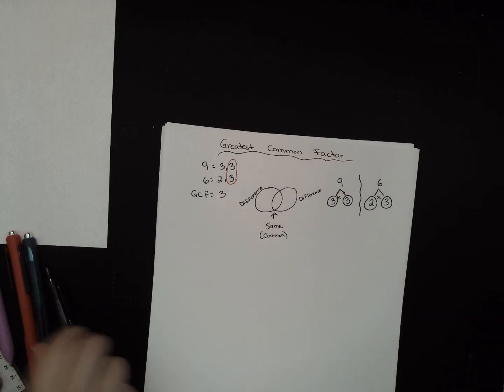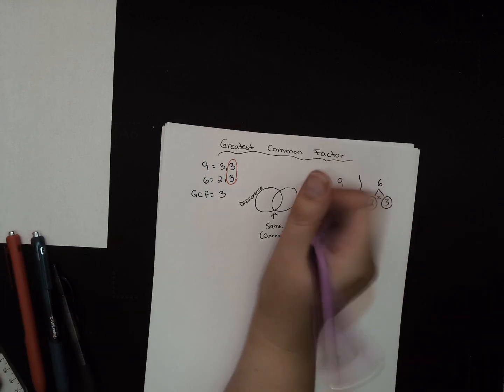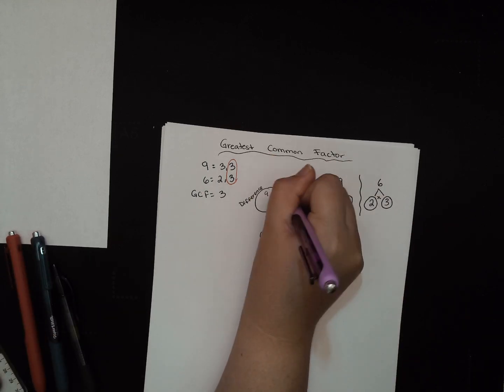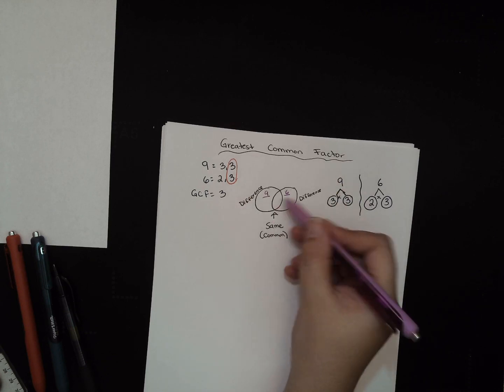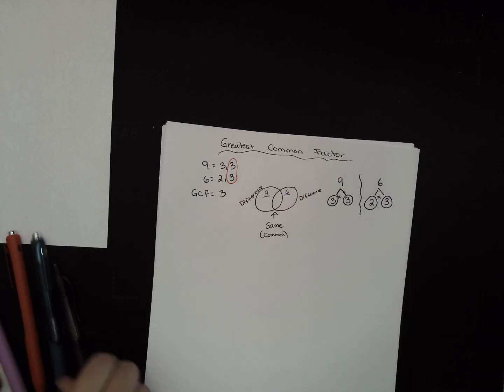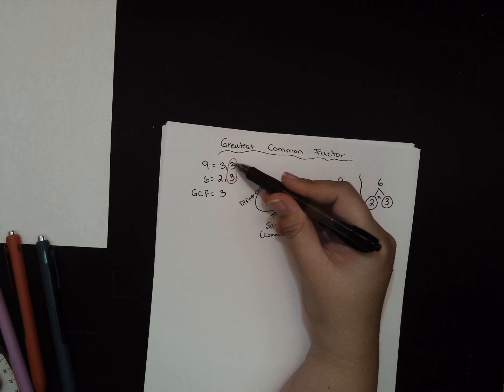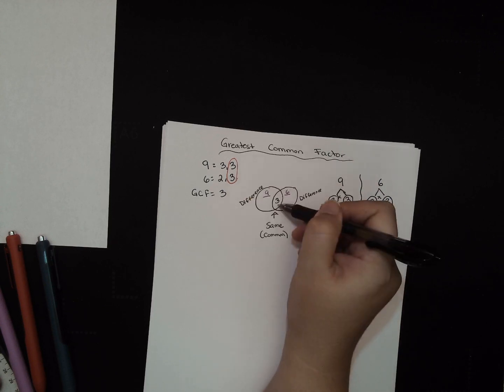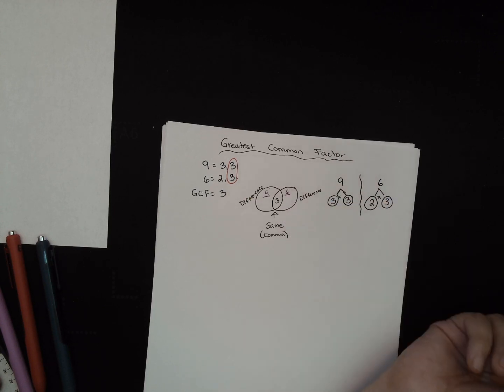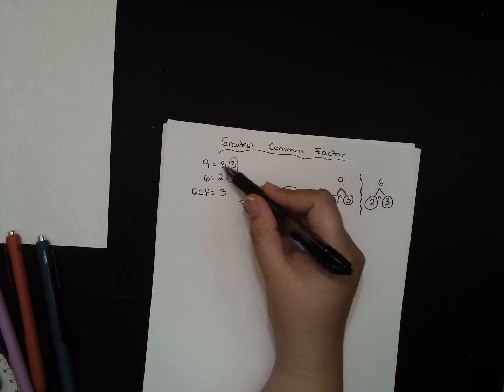Now for my factors, I have 9 and I have 6. So I'm going to put all my factors of 9 and all my factors of 6. Notice if it's circled, that means it goes in the middle. I only put 3 because they only share 3 here. That's what they have in common. Then I have something that's not circled.